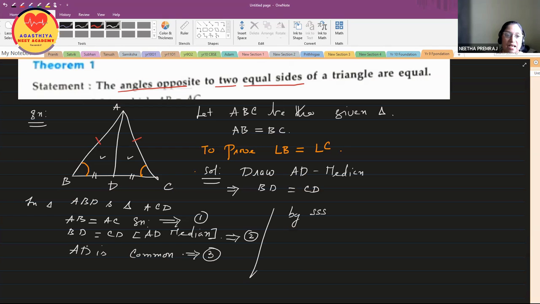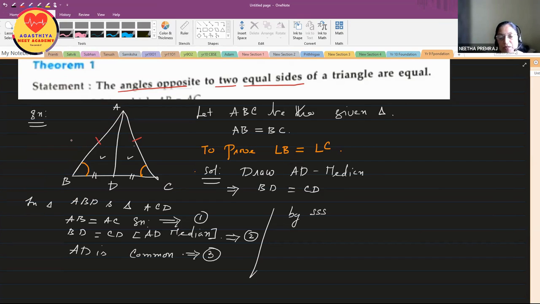Because I'm saying this side is matching with this side. You should see this side of the triangle is matching with this side. Okay. AB is matching with AC. BD is matching with CD. AD is common. So two triangles have equal side measures.